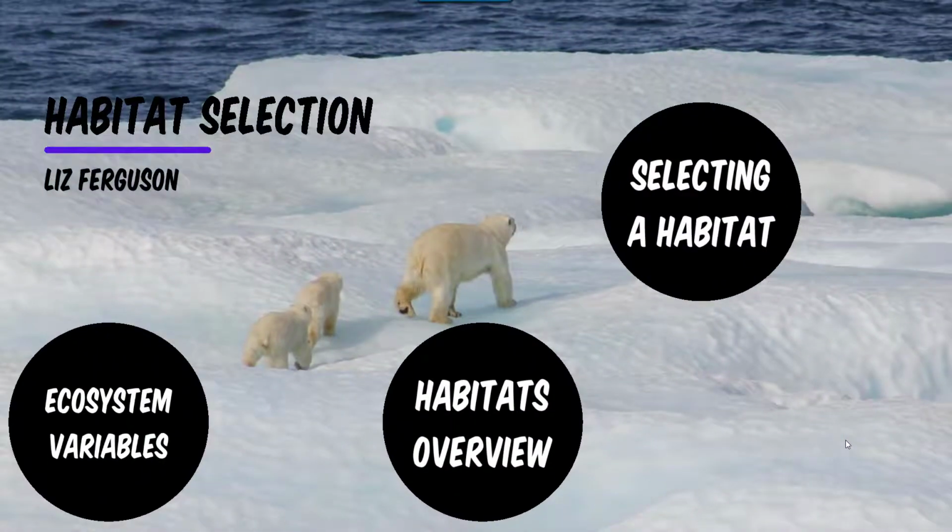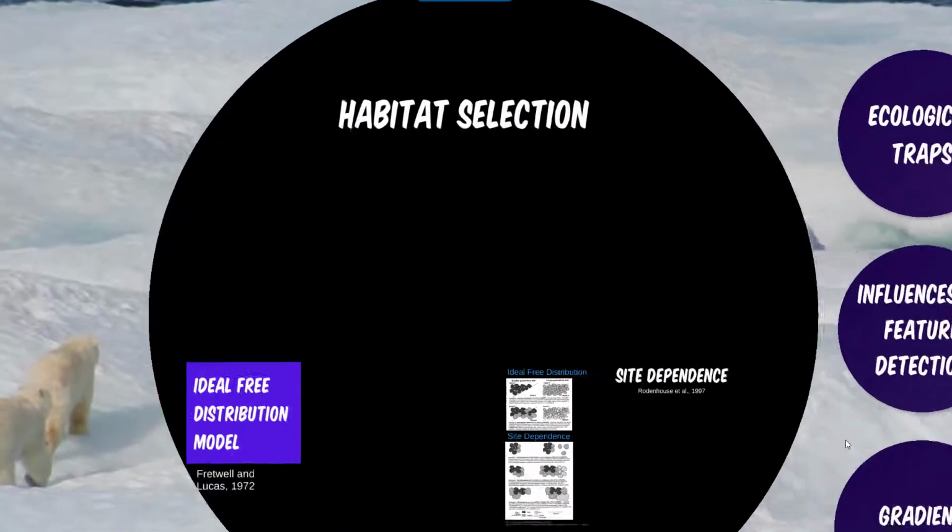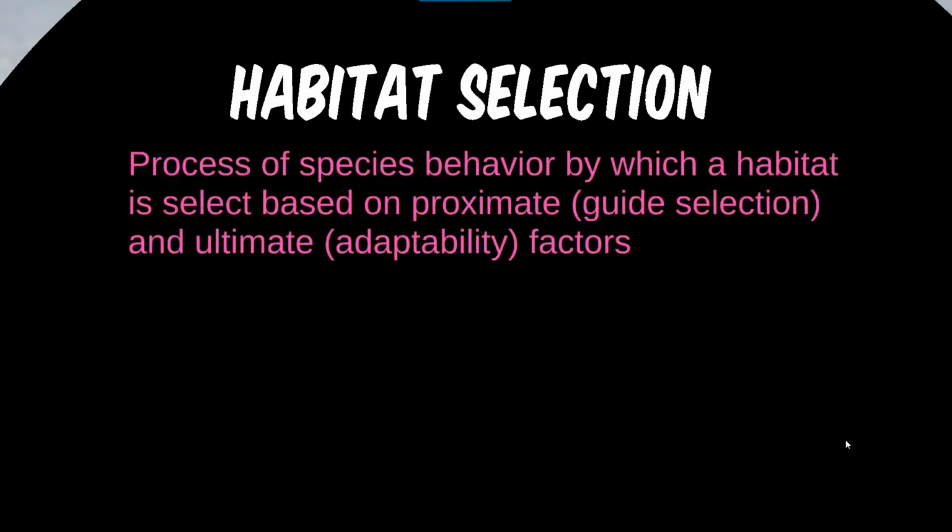How a species selects a habitat is an important thing to understand as well. Habitat selection is the process of a species' behavior by which a habitat is selected. It can be based on either the proximate factors that guide selection and ultimate factors, which essentially are going to refer to the adaptability of the species to that habitat.